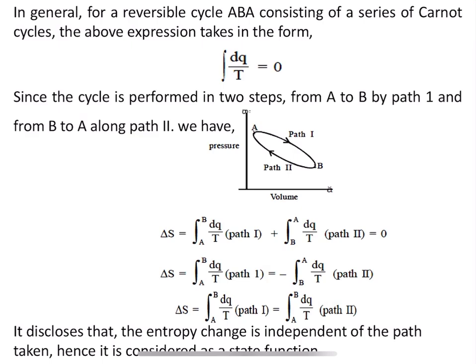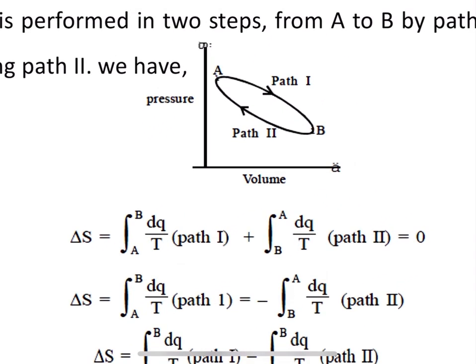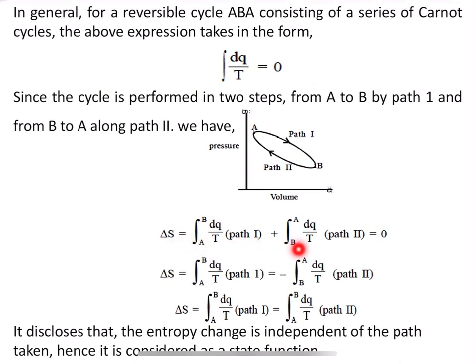Now the change in entropy, that is delta S, is obtained if we sum up the two paths, path 1 and path 2. The entropy change in path 1 and the entropy change in path 2 together give delta S. Now we apply the integration to path 1 and path 2.